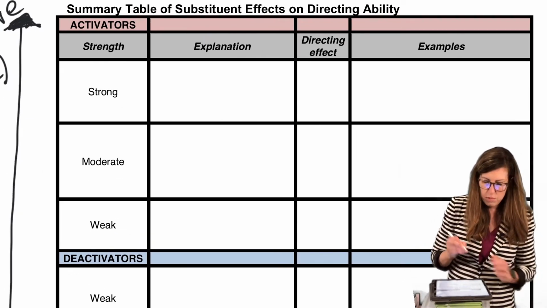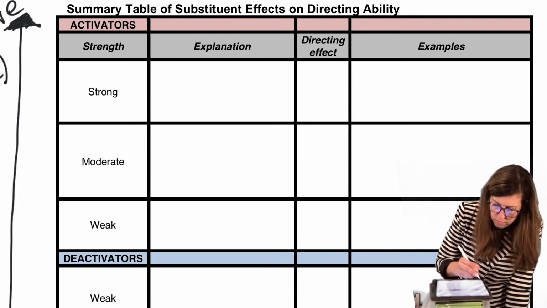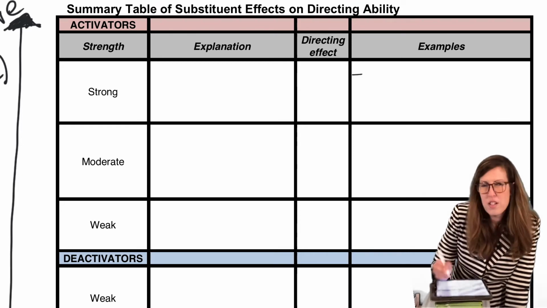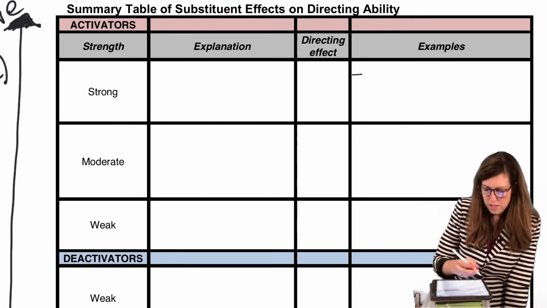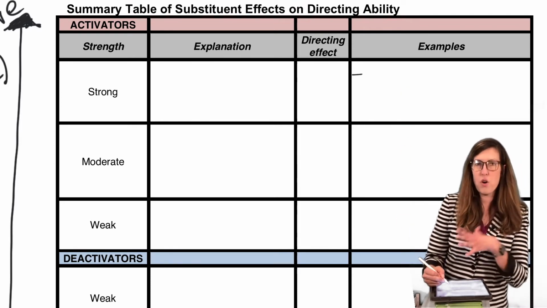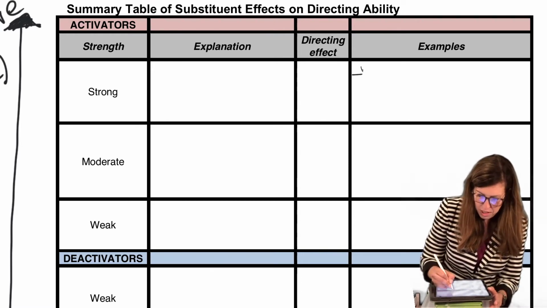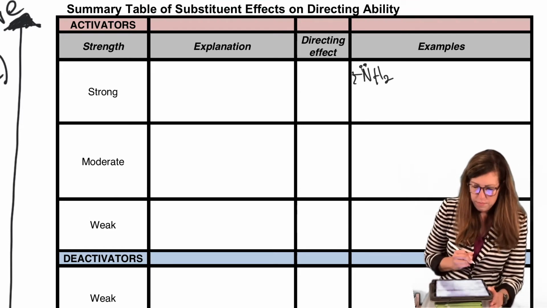All right, activators. Let's look at examples first. The strongest activators we'll see, and if you look at lots of different books, they might have a slight disagreement about which one of these two they go to, but the overall trend in predicting the products will stay the same, so don't be too concerned about that. But I think Klein and I agree pretty well on that one.